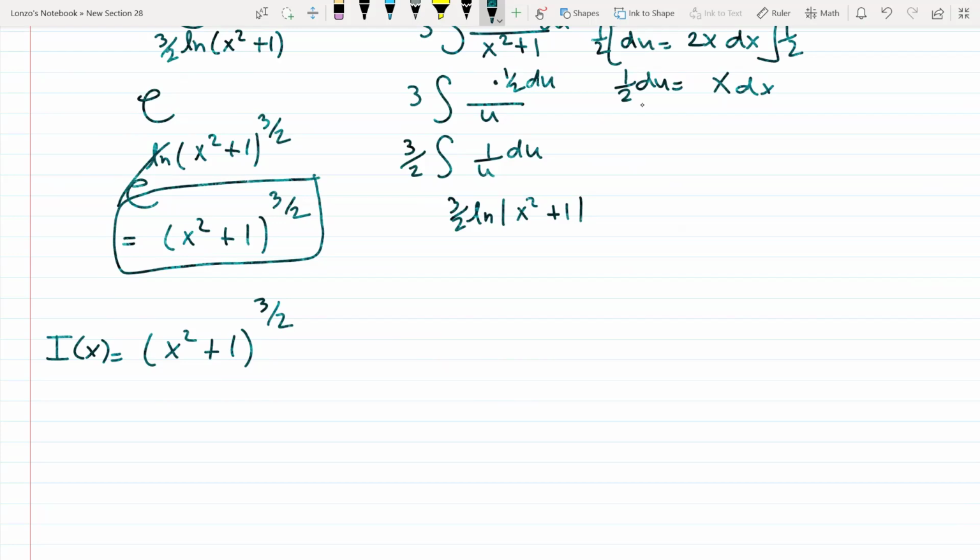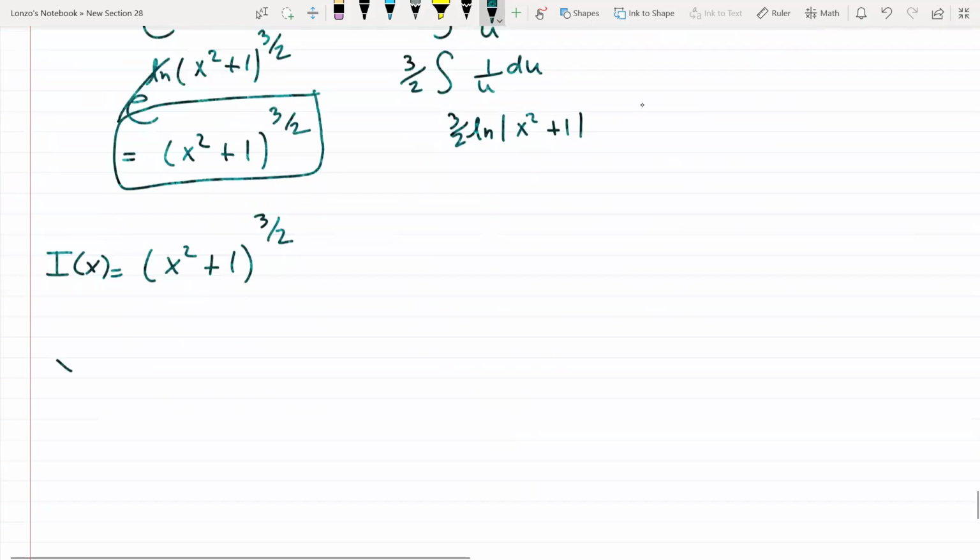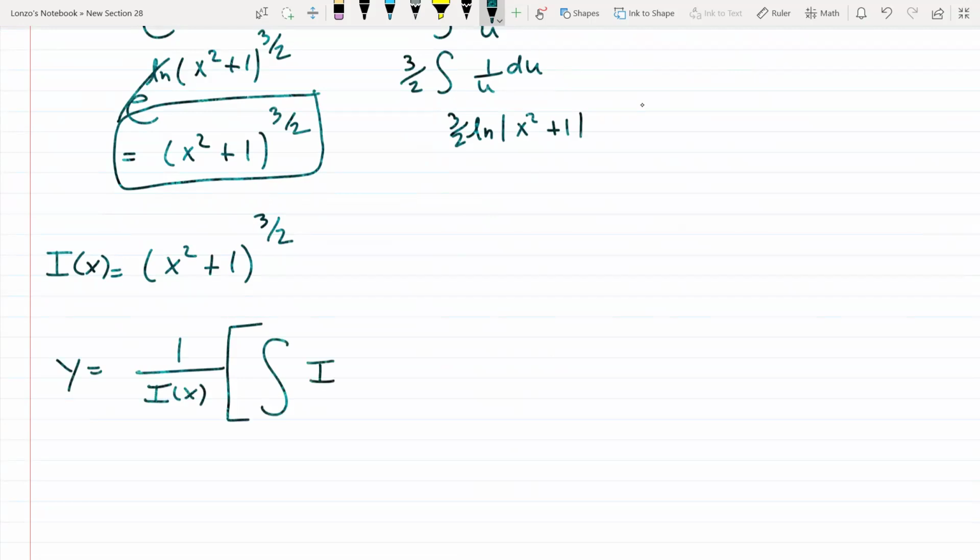So now we can put it in standard form. So it's y equals 1 over I of x, bracket, integral of I of x times q of x dx plus c, bracket.